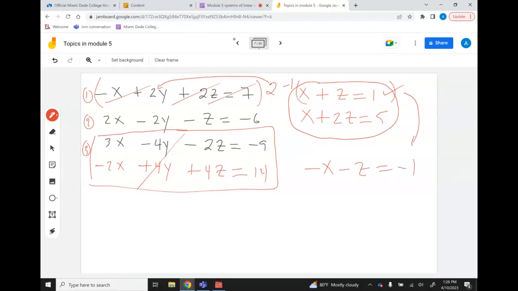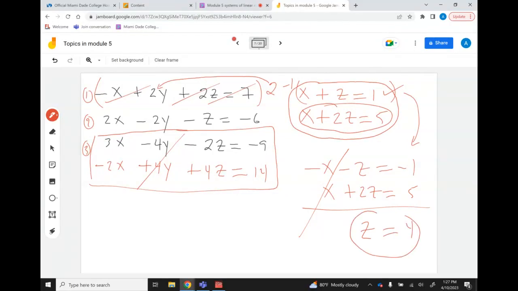You see? There it is. And this one, I'm just going to rewrite it exactly the way it is. This cancels. What's left here is z, and what's left here is 4. So z is 4.